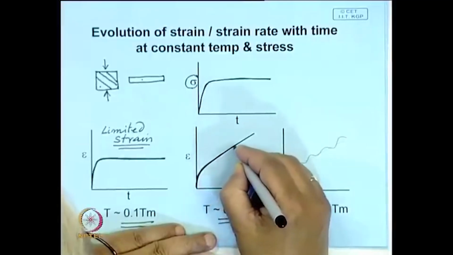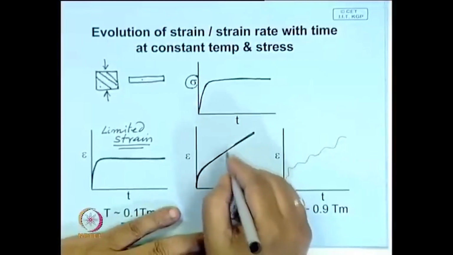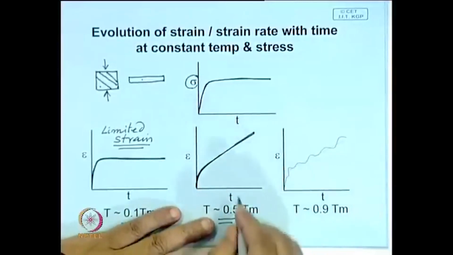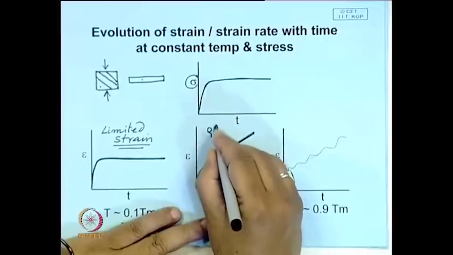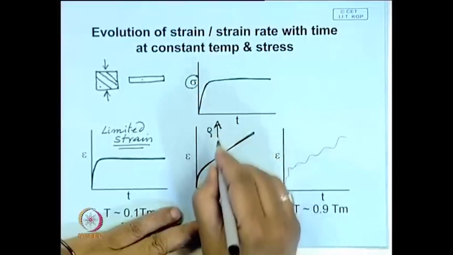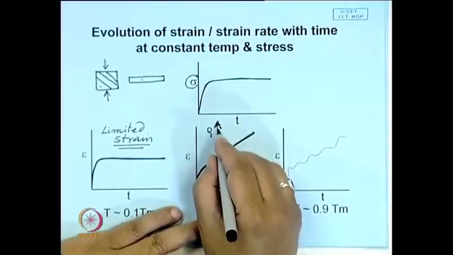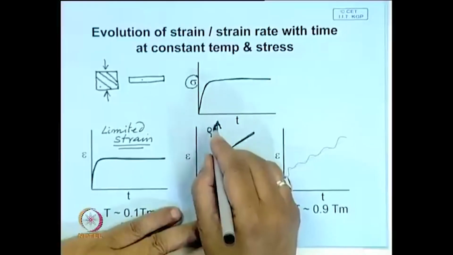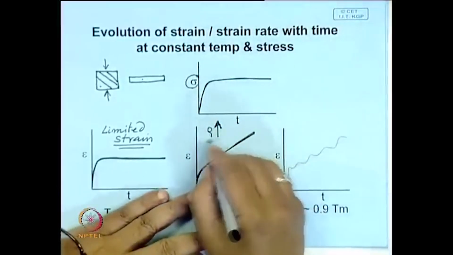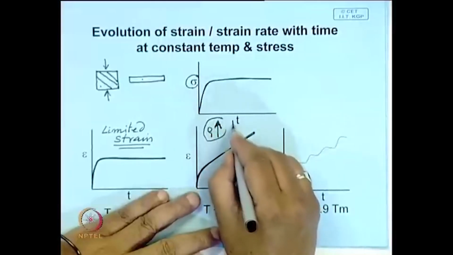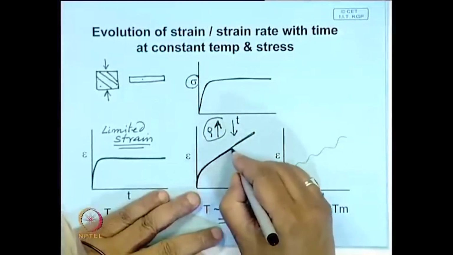Initially there is some amount of strain hardening, as deformation raises the dislocation density, but since the temperature is high, dislocations have another mobility: they can climb and annihilate also. So, that structure also recovers, which brings down the dislocation density, and on the whole, during the process of deformation, there is a steady state.